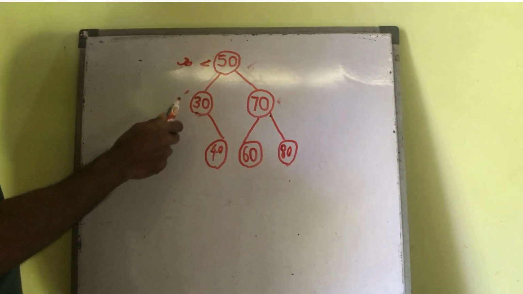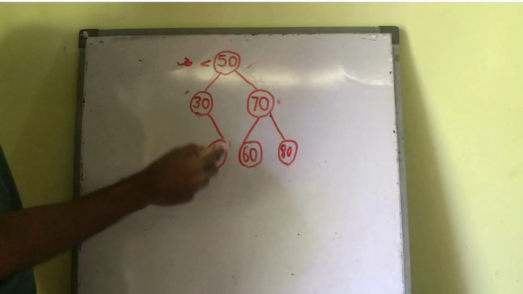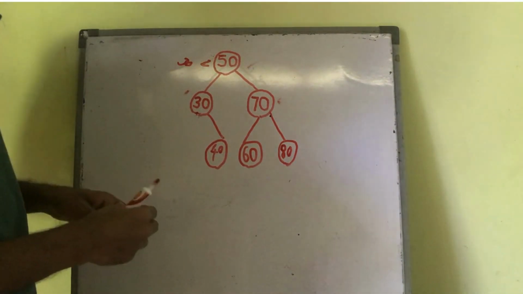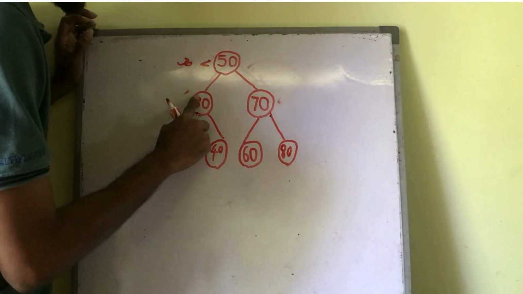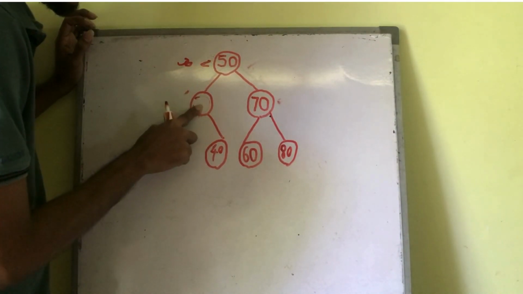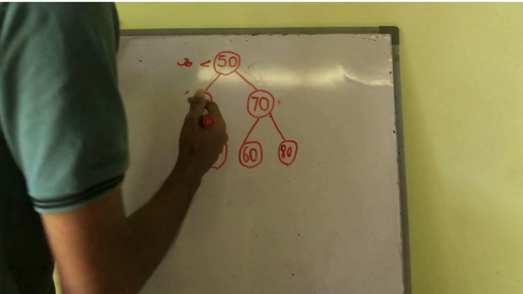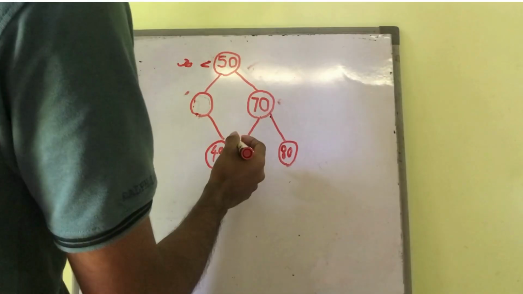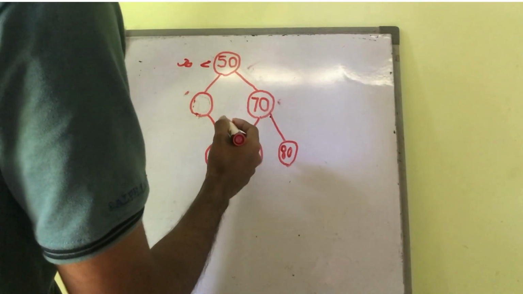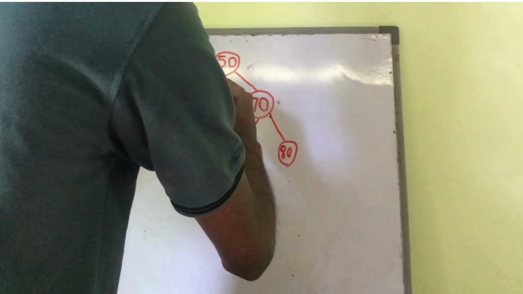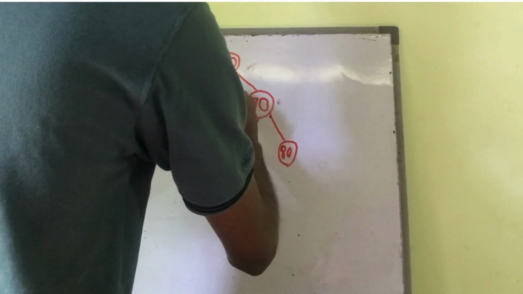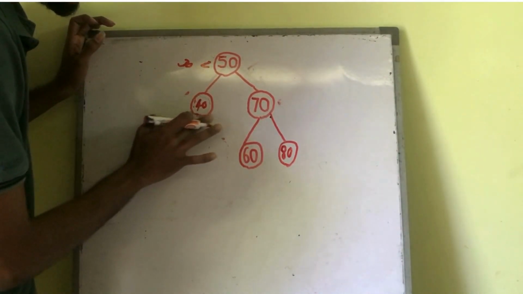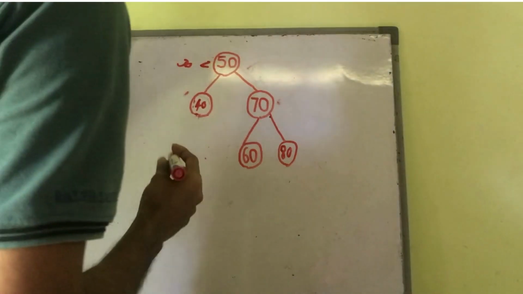Because the 30 element has one child, this 30 element can be deleted. After 30 is deleted, its child element takes its place. The child element of 30 is 40. The 40 is replaced here.